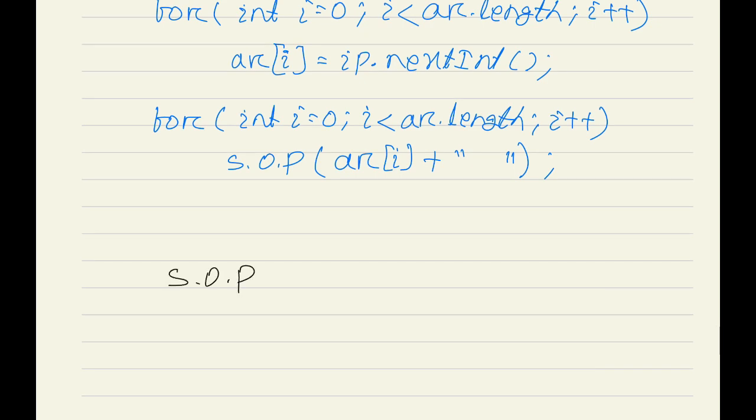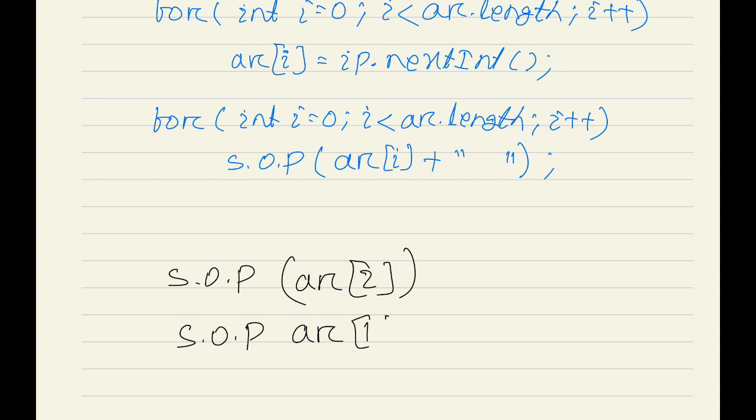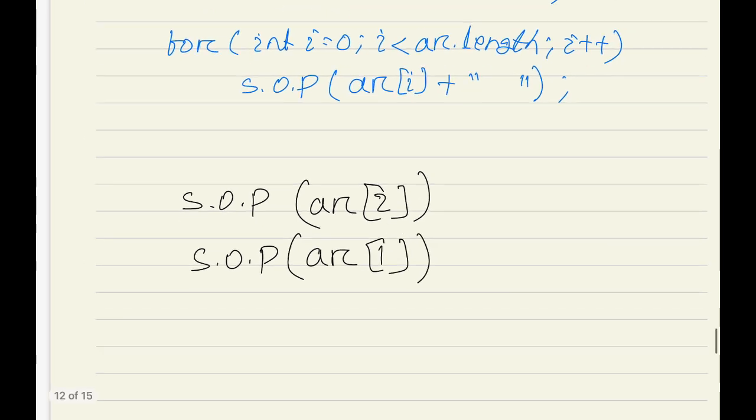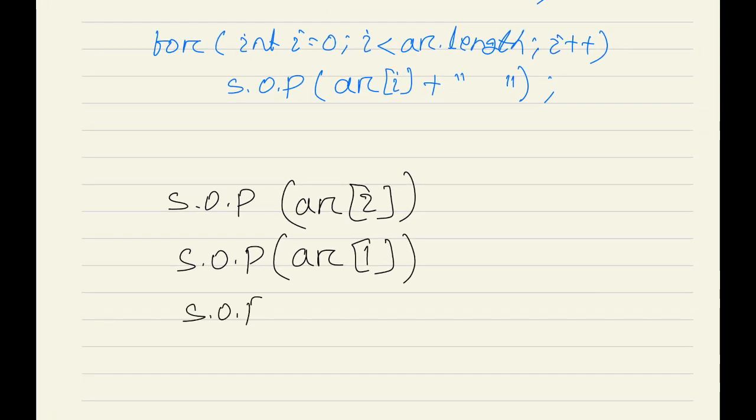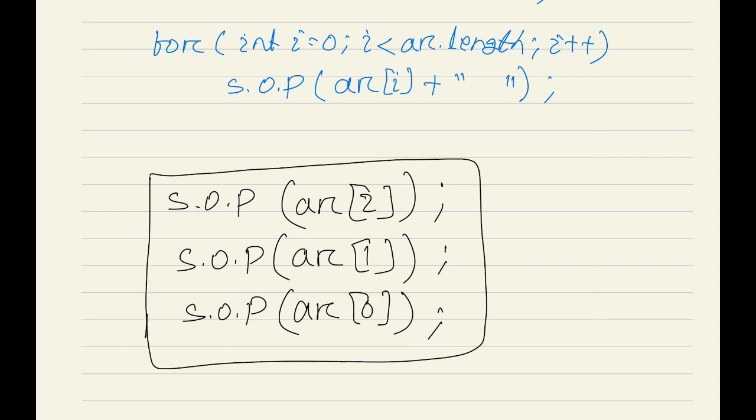System.out.print ar[2], then System.out.print ar[1], then System.out.print ar[0]. So if we want to display the elements in reverse order, this should be the order for displaying the elements of the array in reverse order.